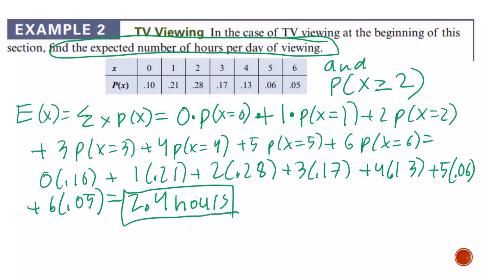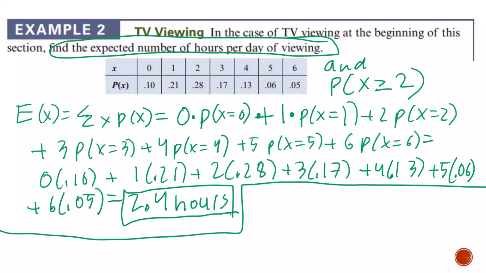Now, if I wanted to find the probability that X is less than or equal to 2, that's a different calculation. That would be one that's much easier. But students make this mistake.